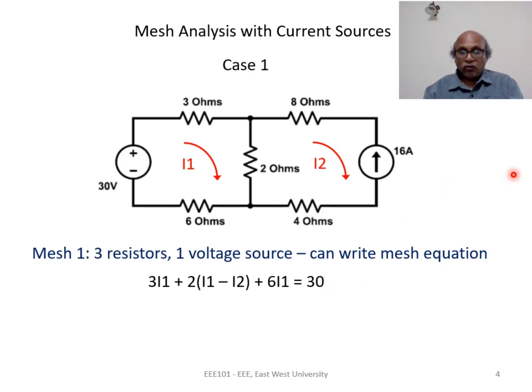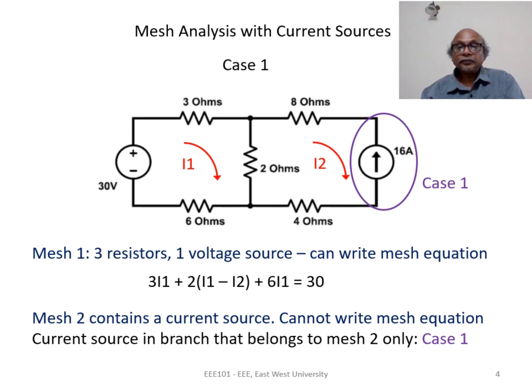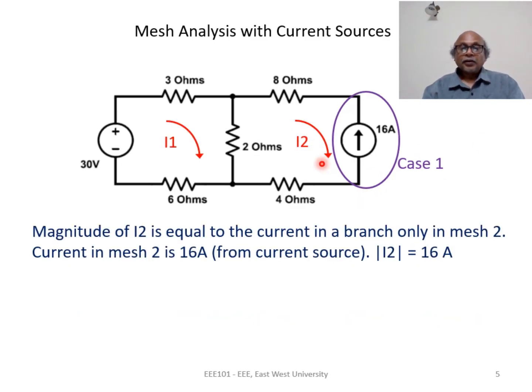In mesh 2, we cannot write a mesh equation. However, we note that because this is case 1, the magnitude of I2 is equal to 16 ampere. And we have to determine whether this I2 is plus 16 ampere or minus 16 ampere.